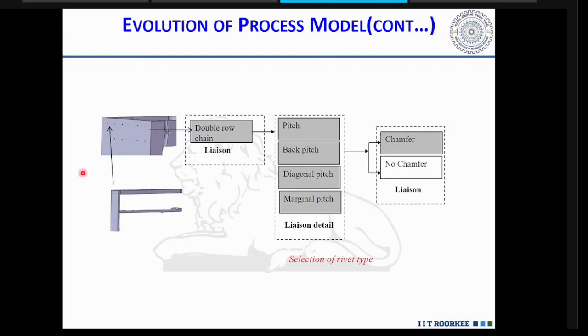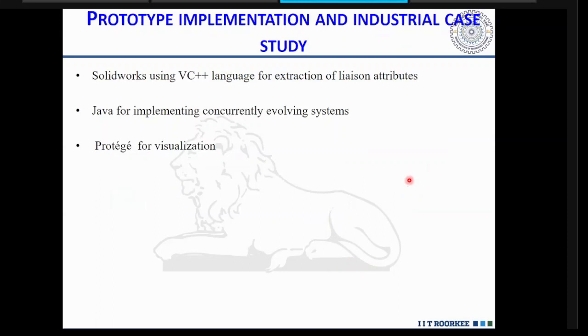Again the designer adds some more information, and you have pitch, back pitch, diagonal pitch, marginal pitch, then chamfer, no chamfer. Like this, the designer keeps on adding, and your process gets refined.